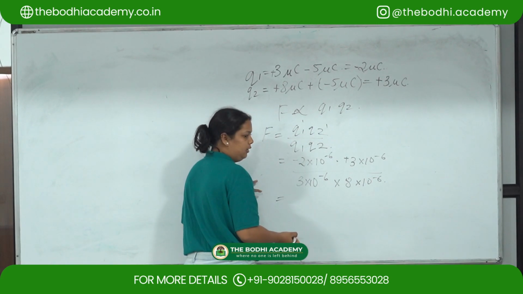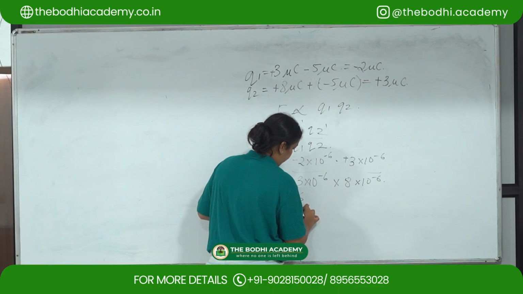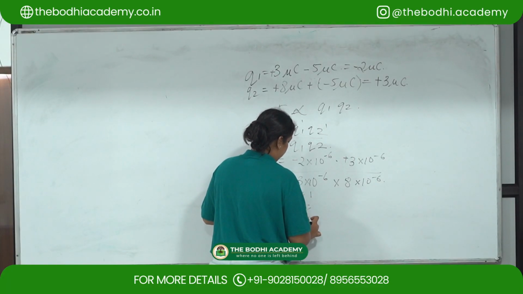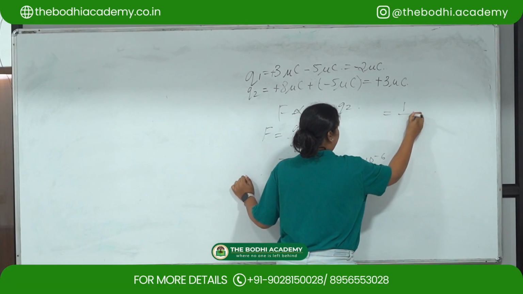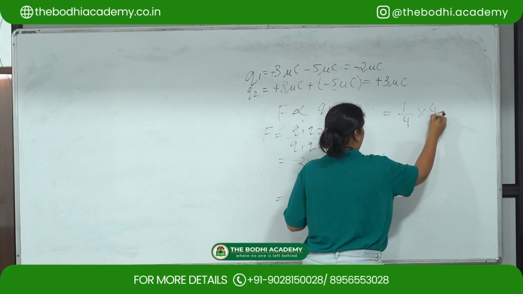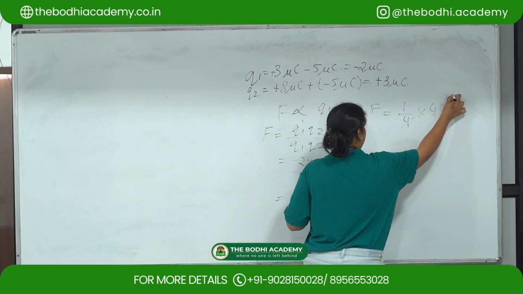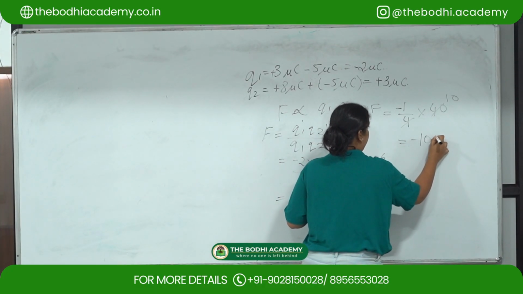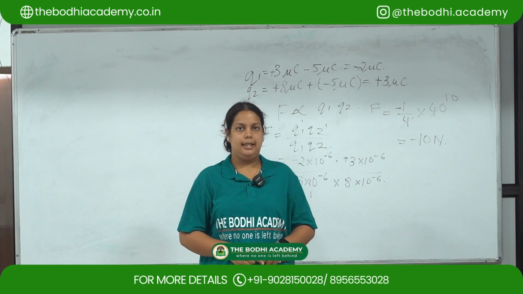So the answer to this will be minus 6 upon 24. So this will be minus 1 by 4. So this is going to give us minus 1 by 4 into 40. So this will be minus 10 Newton. So the answer will be the first option, that is minus 10 Newton.